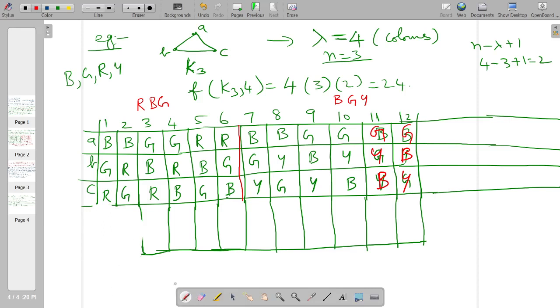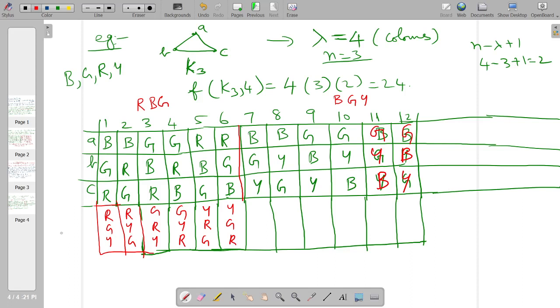So now I have to list out the remaining entries. This contains blue, green, yellow. Now I will take red, green, yellow; red, yellow, green; green, red, yellow; green, yellow, red; then yellow, red, green; yellow, green, red.